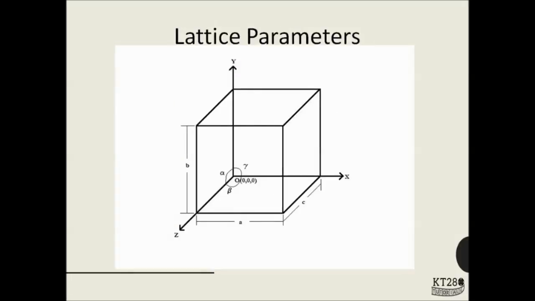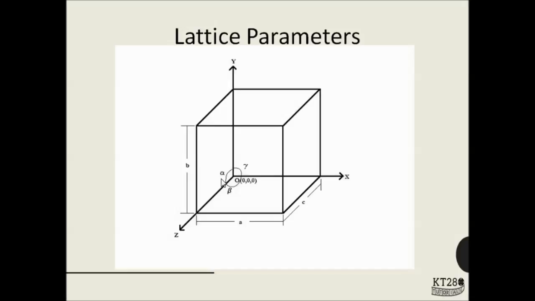Now let us see what the lattice parameters are. I have drawn here an outline of a unit cell. Not necessarily will it always be cubic. As you can see here, the length of this side is denoted by the letter a, the length of this side is b, and the length of this side is c. Also, these walls of the unit cell need not be parallel.